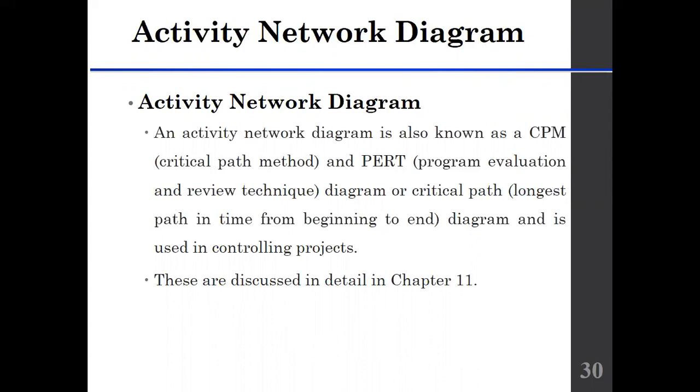Critical path means actually the longest path in time from beginning to end of the project or diagram, and is used in controlling project. So we are not going to discuss it here in detail, because we will discuss it in chapter number 11 in the coming lectures, but I would like to give you an idea of the network diagram.